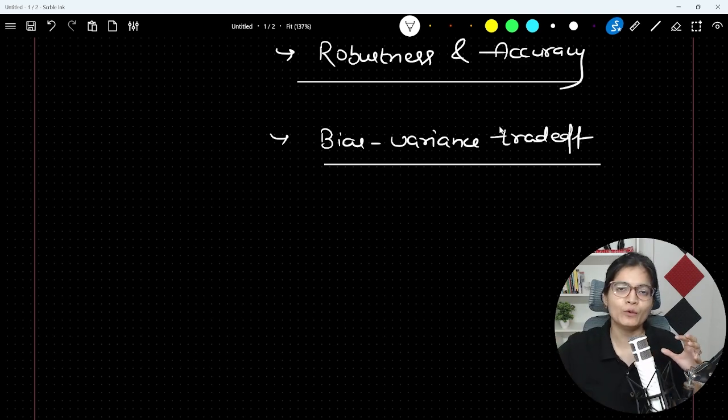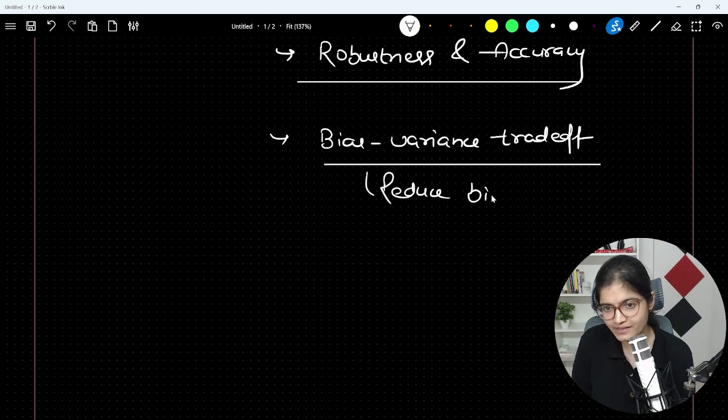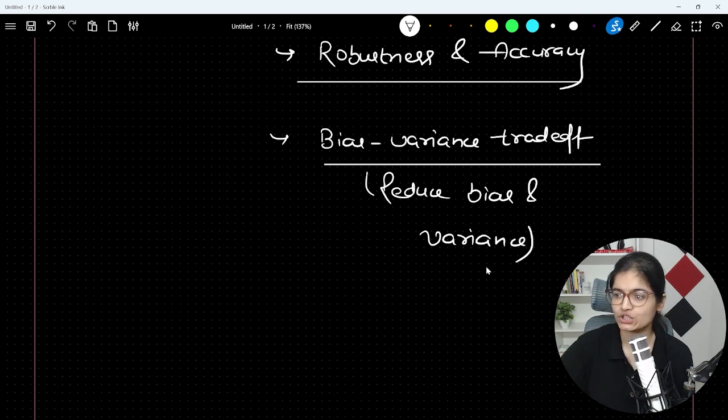We will have multiple variations of the models, and whatever my first model is not understanding, my second model will be able to understand. What my second model is not understanding, my third model will be able to understand. So we are trying to reduce the bias and variance, getting the ideal situation. Variance is also under control, and bias is also improved.